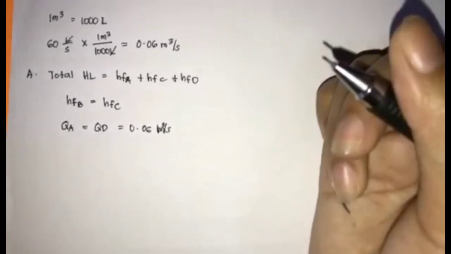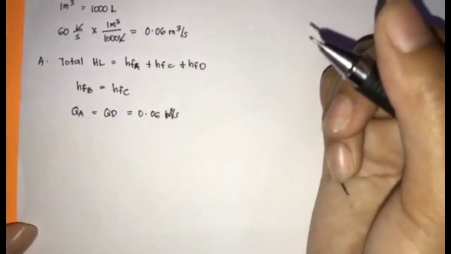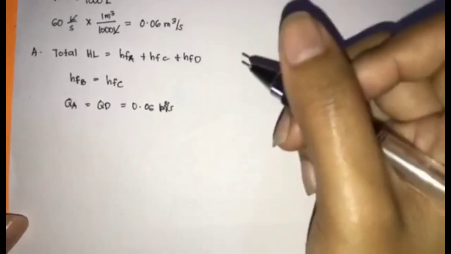Since this is parallel, we can say that HFB is equal to HFC. And in terms of inflow, the discharge is equal to the outflow QD, which is equal to 0.06 cubic meters per second.